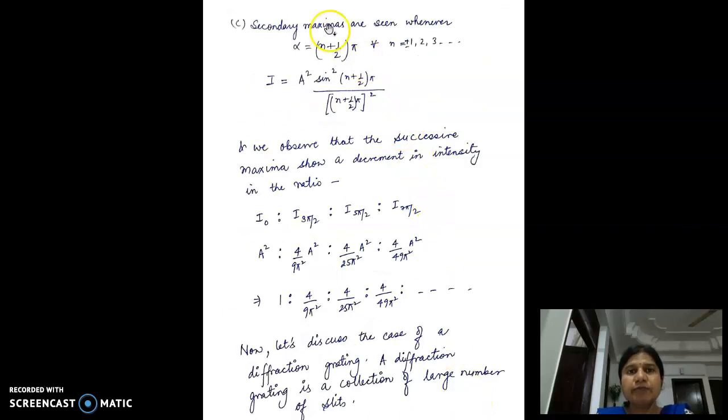Continuing further, the secondary maxima are seen whenever alpha is equal to n plus half pi, for all values of n starting from 1 onwards.